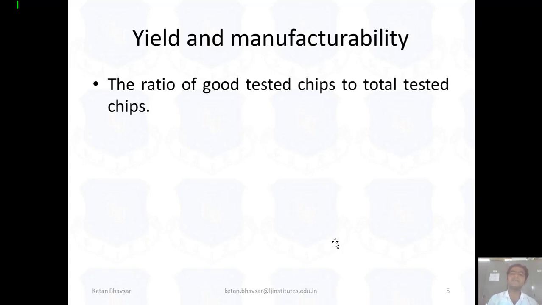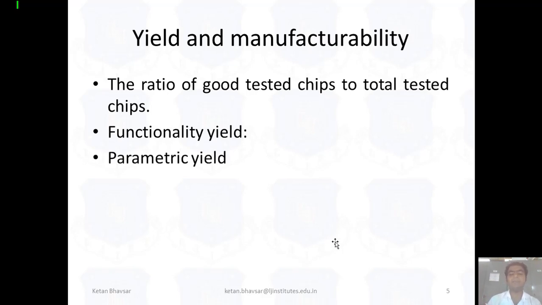Suppose 60% of your chips are good, then your ratio will be 60 divided by 100. So you have to maintain the ratio as high as possible. We have to generate good tested chips. There are 2 types of yield and manufacturing ability: functional yield and parametric yield.